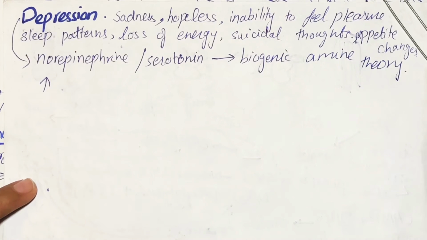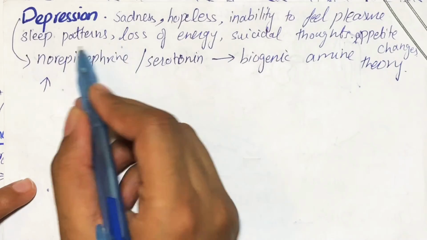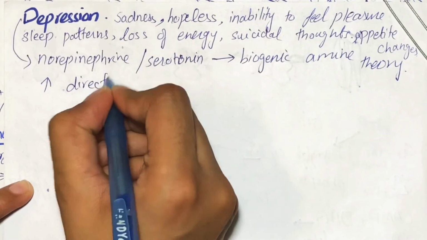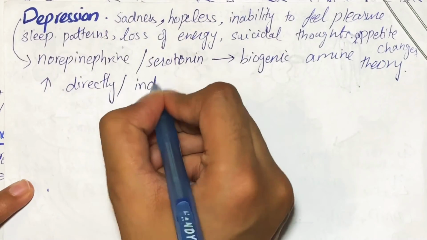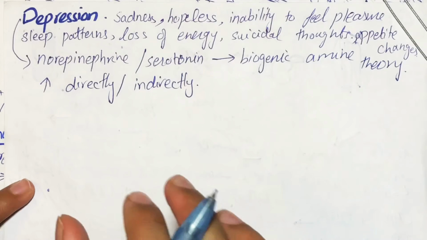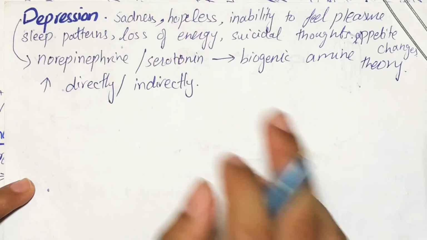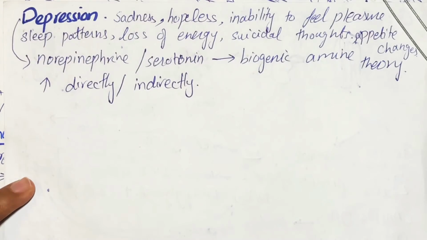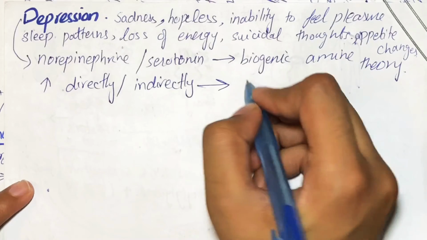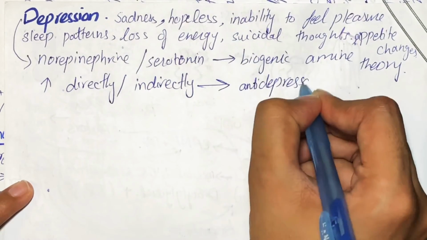So what antidepressant drugs do is that they potentiate the effect of norepinephrine or serotonin directly or indirectly in the brain, which in turn causes an increase in the presence of norepinephrine or serotonin in the brain, which results in the antidepressant effect. So this is how antidepressant drugs actually work.